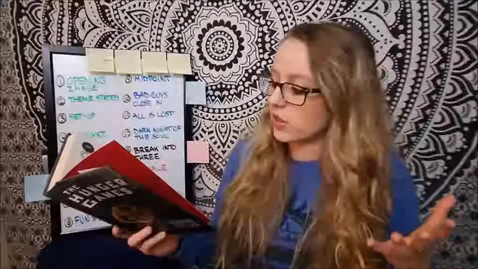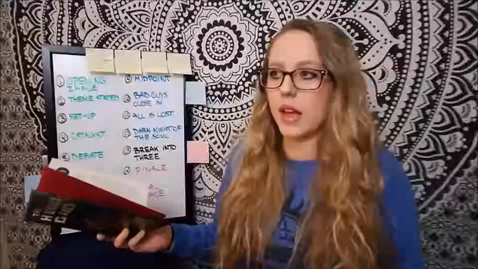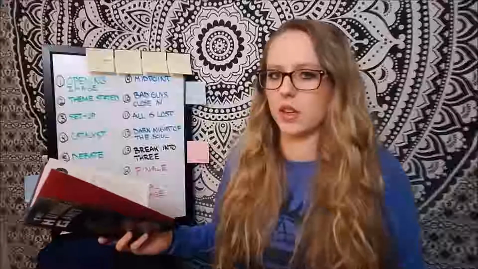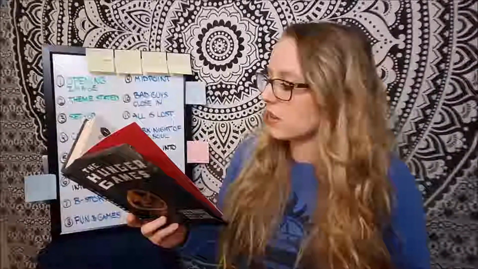This is further illustrated when she says that her fingers only find the rough canvas cover of the mattress, which shows us that they don't have sheets and blankets and stuff to cover up the rough cover of the mattress.